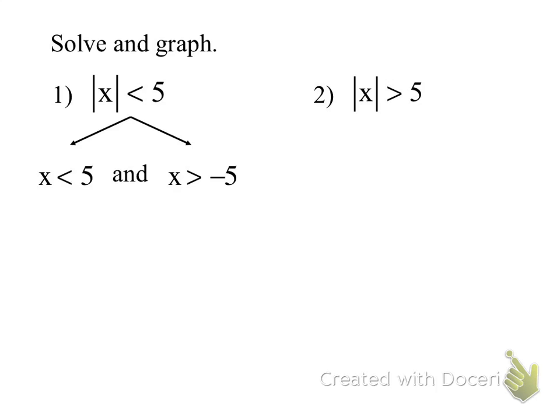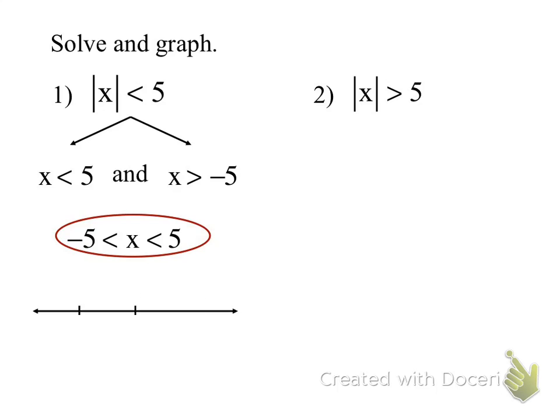And then we graph it. Even if you didn't know the and was there, once you graph it, you will see. X is less than 5, and x is bigger than negative 5. That and tells you if it's an intersection or a union. Okay.